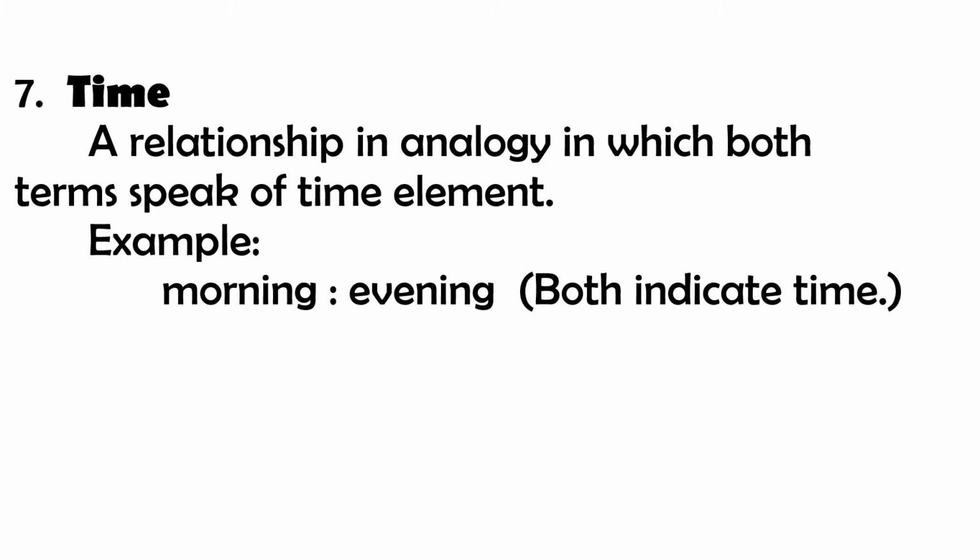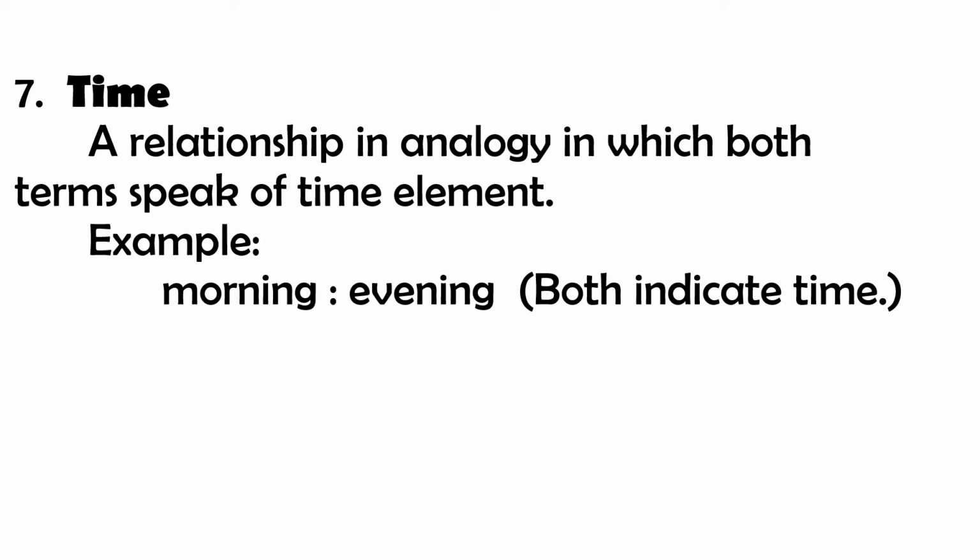A relationship in analogy in which both terms speak of a time element. Example, morning is to evening. They are both indicating time. So that is the last type of analogy, which is time that indicates time element.